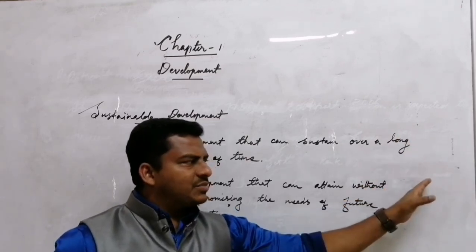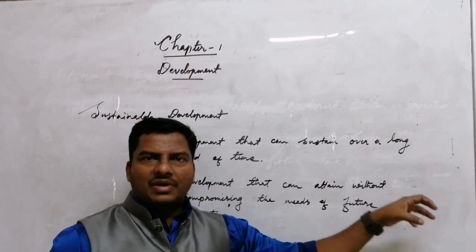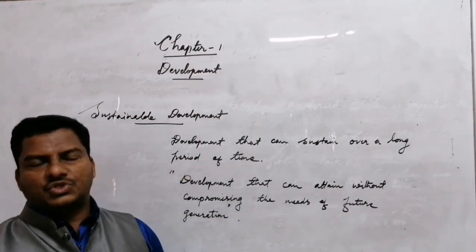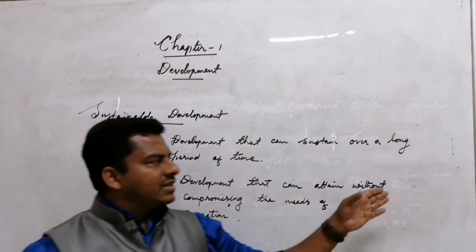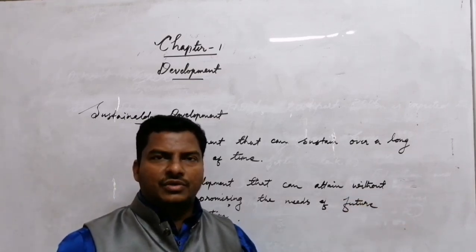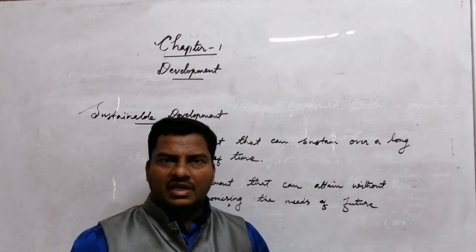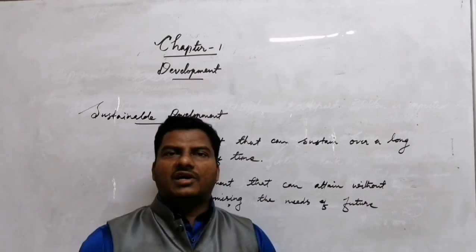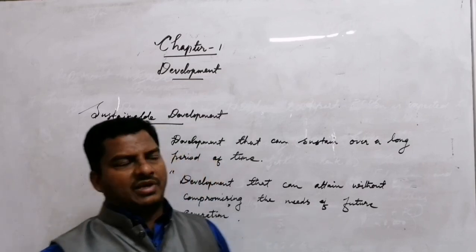The developed countries of the world are facing the problem that they have to continue the development for a long period of time. This is the concept of sustainable development. How can we attain sustainable development?